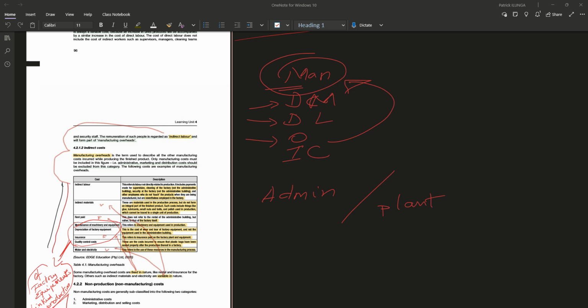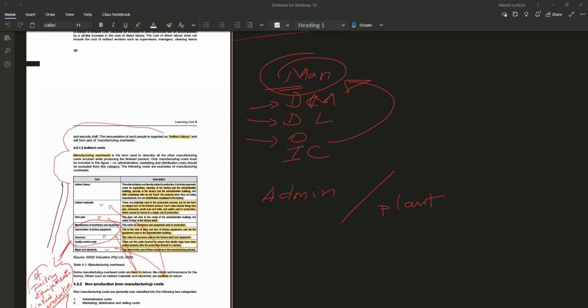So you understand here, when we're talking about manufacturing, we are looking at a plant, at a factory, right? So the cleaning of that particular plant or factory forms part of the production, but it's just not directly traceable to what is being produced.